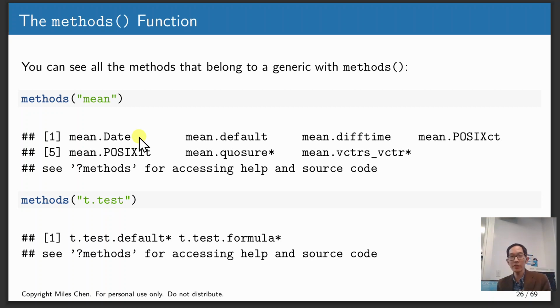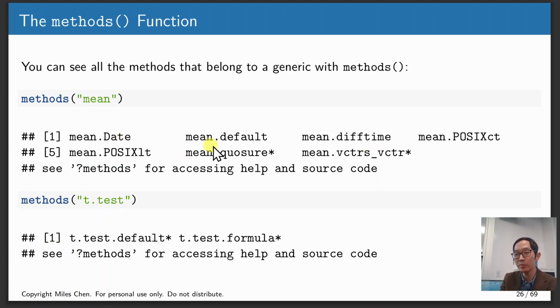Now you can see all of the methods that belong to a generic function by calling methods, and you give it the name of the generic function. So if I call methods on mean, we see all of the different methods that exist.